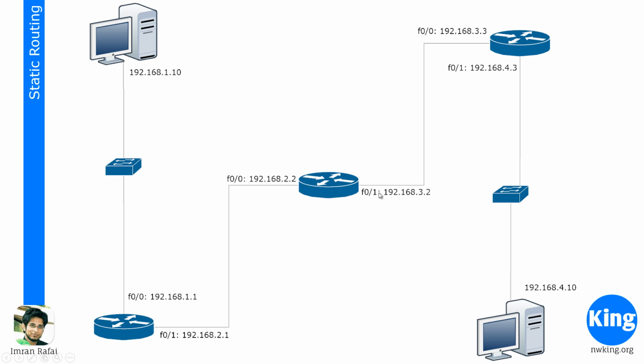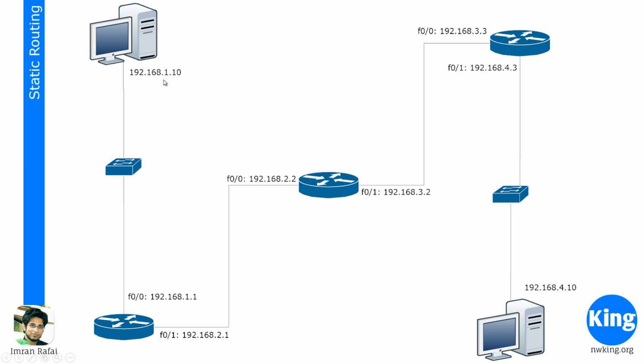Right? That router in turn is connected to 192.168.3.2 and then connected to a 3.3 interface on another router. And the third router's other interface is connected to IP address 192.168.4.3, which is connected to a switch and then connected to another host with an IP address 192.168.4.10.